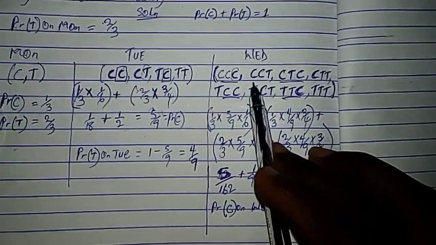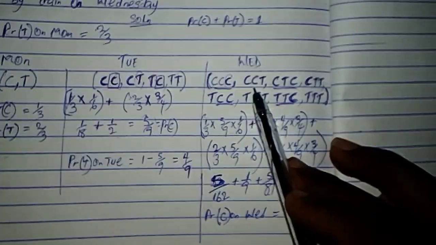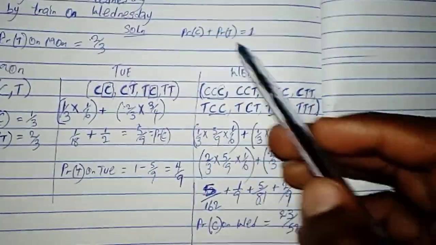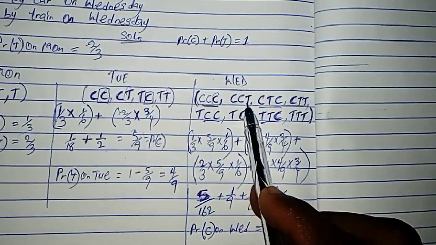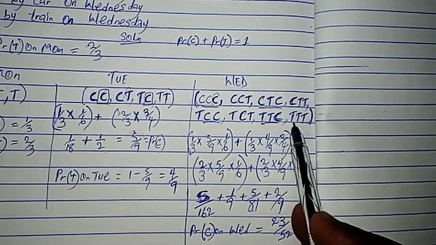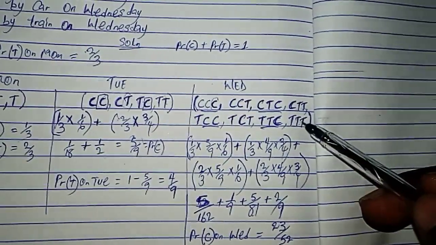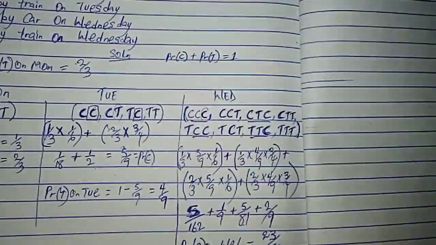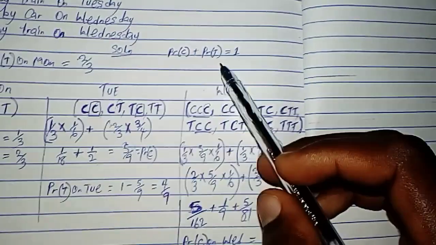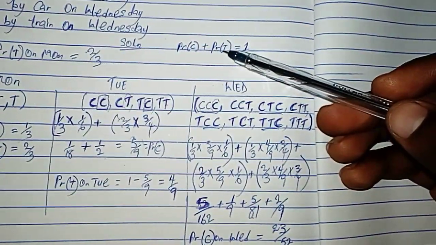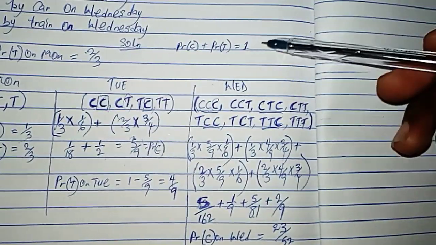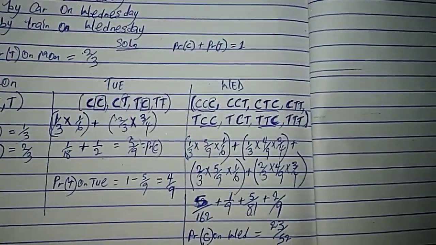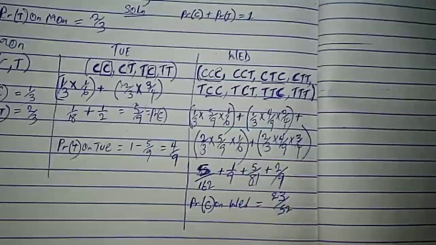Now, probability of him traveling by train on Wednesday. We can as well go through this stress of finding the probability of this, adding it to this, and adding it to this and this, because they actually have the train on Wednesday in them. But why should we when there is a formula to skip that? The probability of him traveling by train on Wednesday is equal to 1 minus the probability of him traveling by car, which we already got as 23/52.